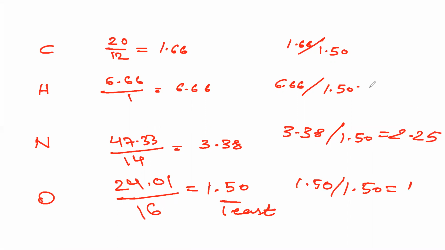Similarly, 6.66 by 1.50 gives 4.44. Similarly, 1.66 by 1.5 gives 1.1. So you have to multiply with a suitable number so that all become whole numbers. Then you will get the empirical formula as well as the molecular formula. I'll show you this in the final answer.